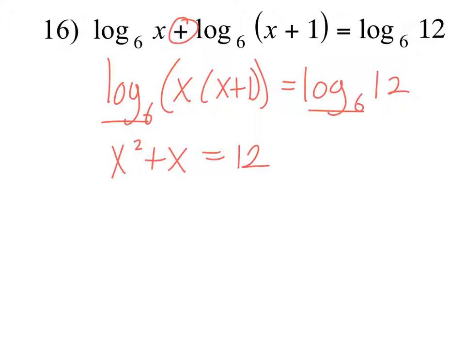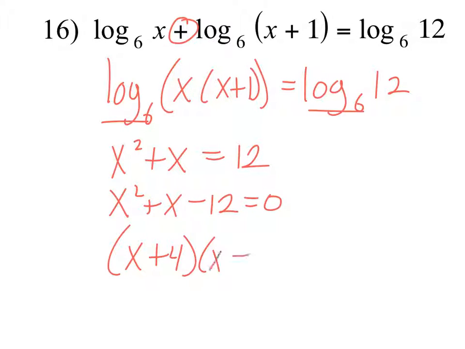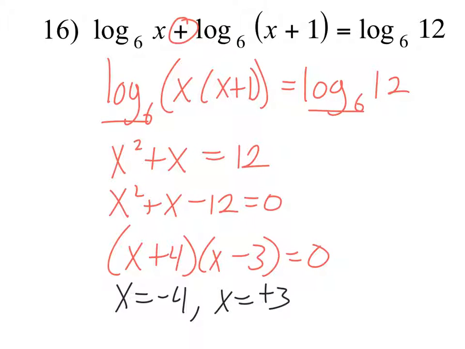I'm going to bring everything onto one side and factor. X squared plus x minus 12 is equal to 0. That means x plus 4 times x minus 3 is equal to 0. And from this, x equals negative 4, and x equals 3, positive 3.